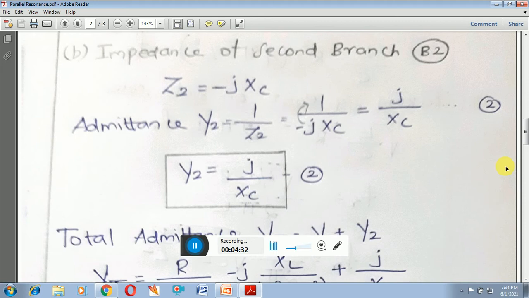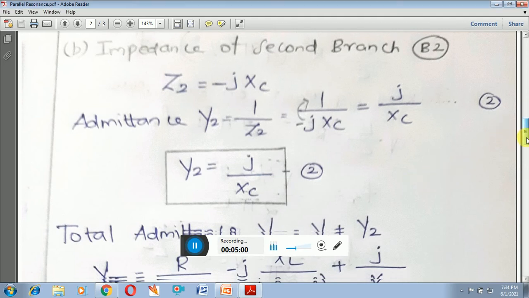From Z2 you can write the admittance of branch 2 as Y2 equal to the reciprocal of Z2, which is 1 by minus j XC. Bringing the minus j into the numerator, the final Y2 value is j by XC, which you consider as equation number 2.